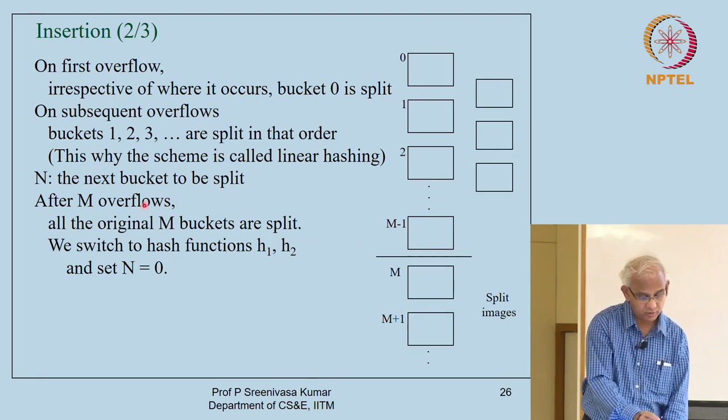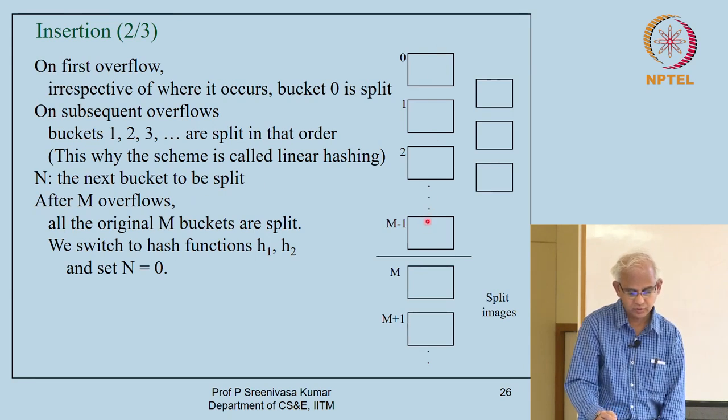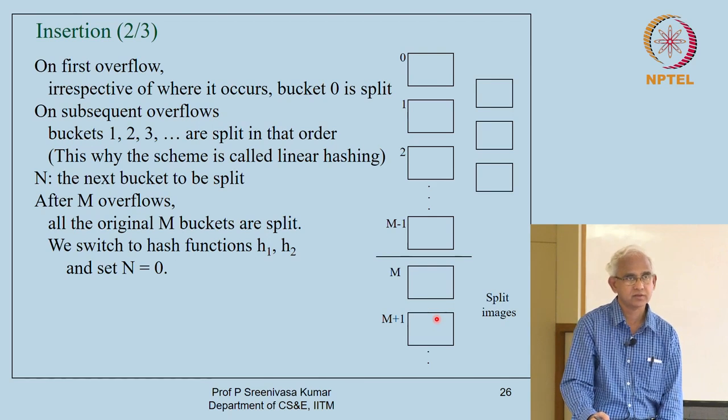If m overflows actually occur, then all the m original buckets would have been split into m additional buckets. So, now we have buckets 0 through 2m minus 1, so 2m buckets actually.